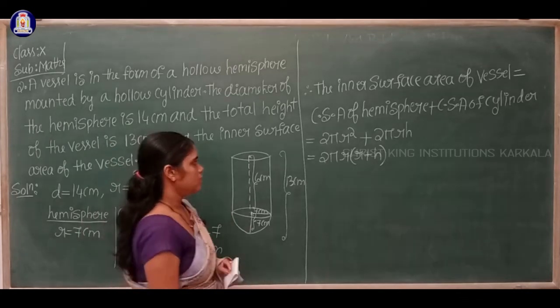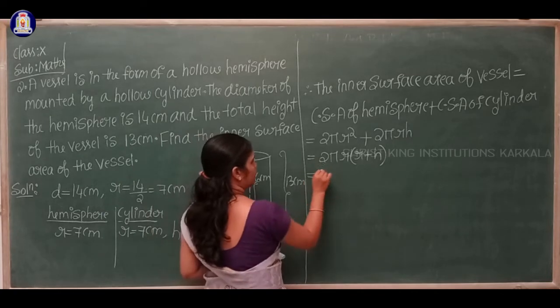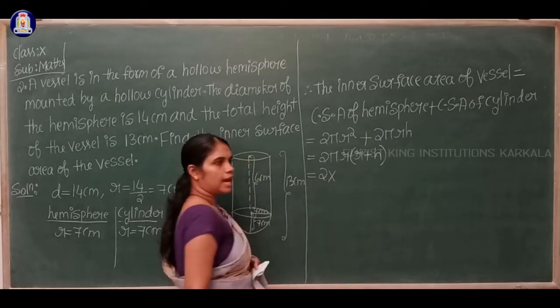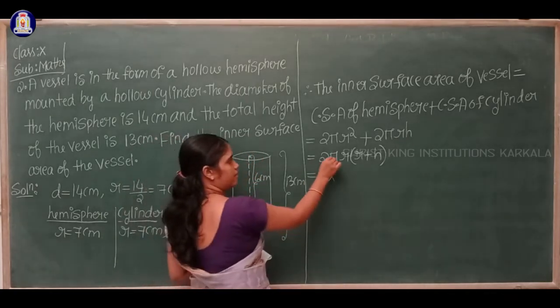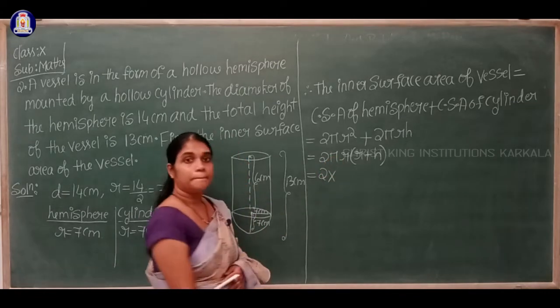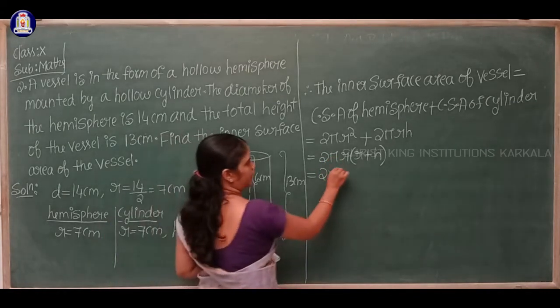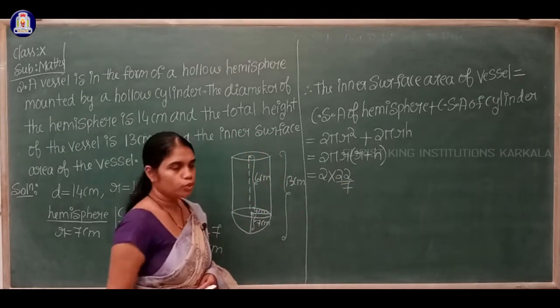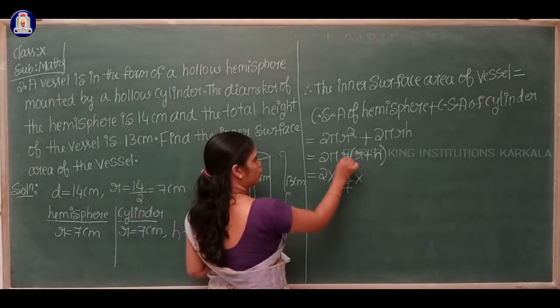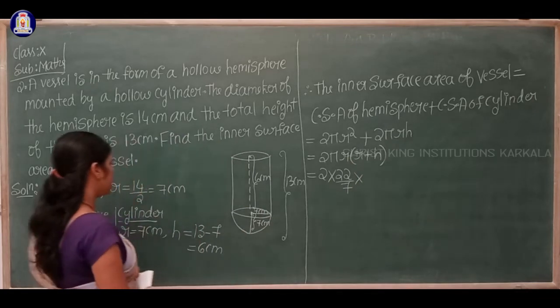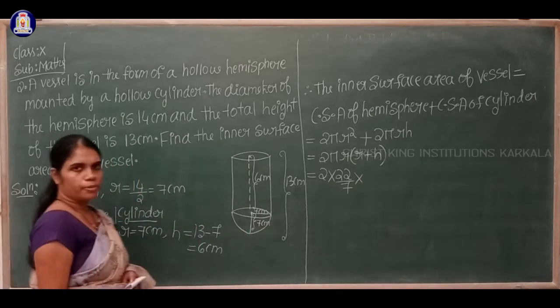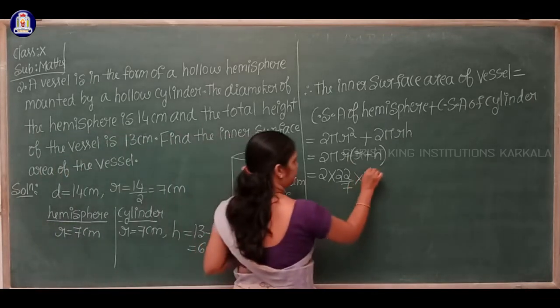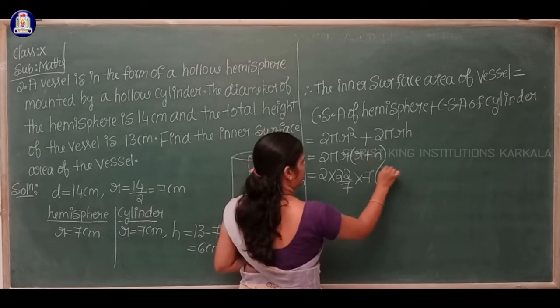Next, I'll substitute the values. What is the value of pi? Pi is 22 by 7, into the radius value, which is 7, into r plus h.